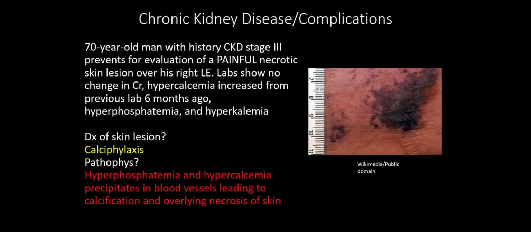So mainly driven by the hyperphosphatemia. If they ask for a true root cause of calciphylaxis in the setting of CKD, they're going for how the hyperphosphatemia causes binding with the calcium in the blood and the precipitation, leading to calcification overlying necrosis of the skin. So very good, very, very good.